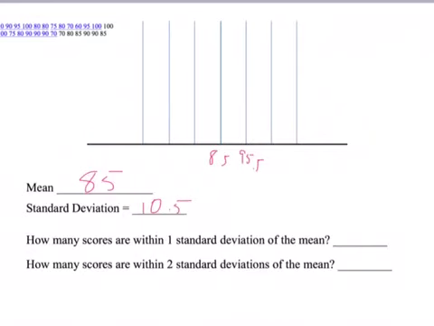So 85 minus 10.5 would be 74.5. Okay, and then you keep going down. So my standard deviation 2 would be 74.5 minus 10.5, which would be 64. And then on my other side, I want to go up. So 95.5 plus 10.5 would be 106.